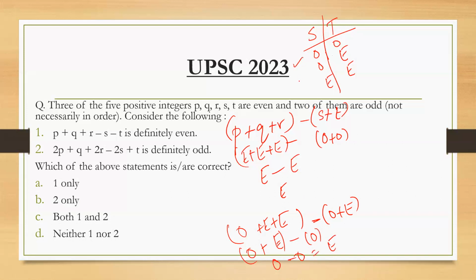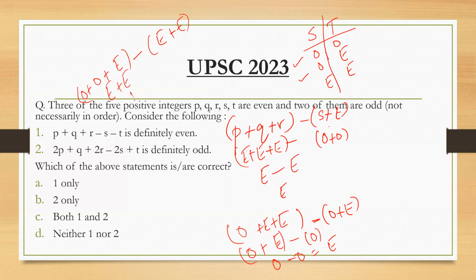Now come to the last. In these two assumptions we have assumed, we have got that in both the scenarios it is even. Now come to the third scenario where S and T are even. That means one of these elements would be an even element, the rest two will be odd. So odd plus odd is even.